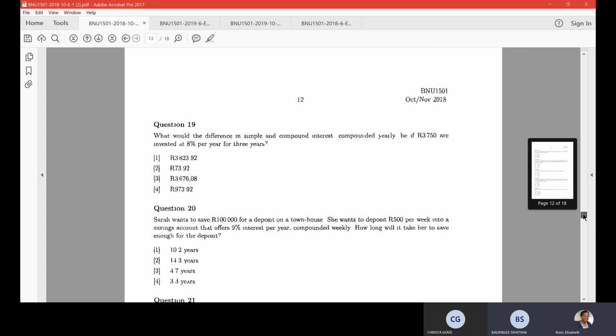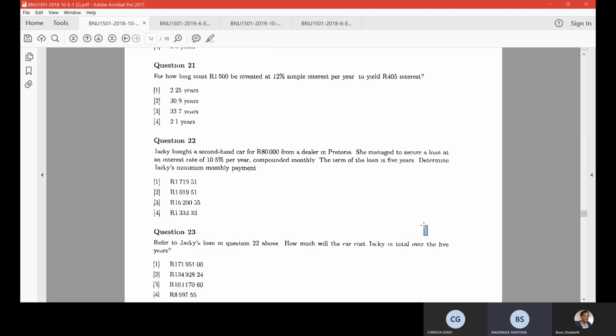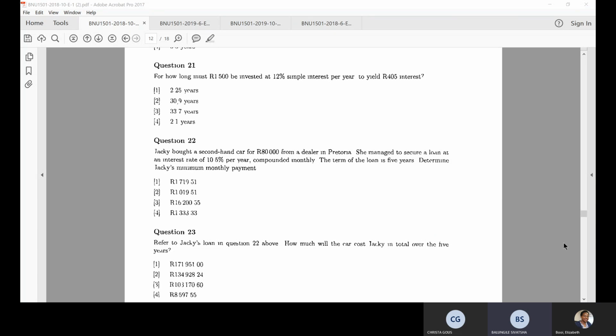So you read the question. The question states that Jackie bought a second-hand car for 800,000 from a dealer in Victoria. She managed to secure a loan at an interest rate of 10.5% per annum compounded monthly. The term of the loan is for 5 years.